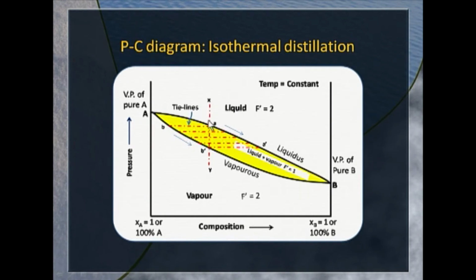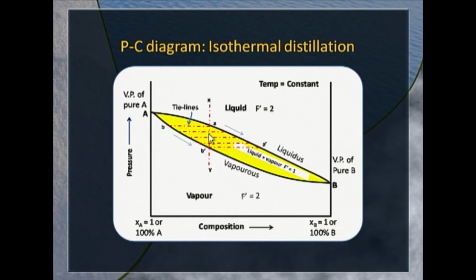The pressure can be decreased. There is no problem with it because we have 2 degrees of freedom. When we reach point A, the first vapors appear with the composition given by point B. The system becomes a two-phase system. The number of degrees of freedom decreases by 1, which permits us to bring about further decrease in pressure.